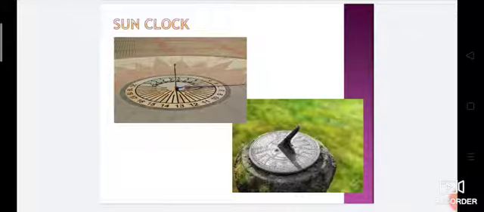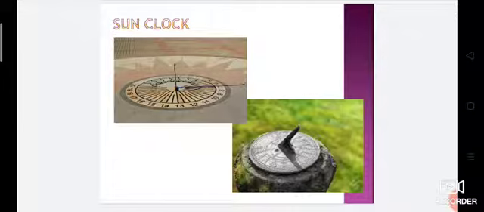The sun clock is a clock which can tell us the time because the inclination of the sun, or the angle of elevation, is different from 6 a.m. to 6 p.m.